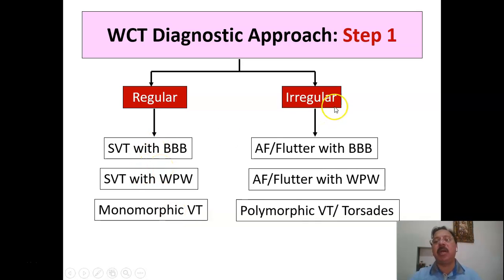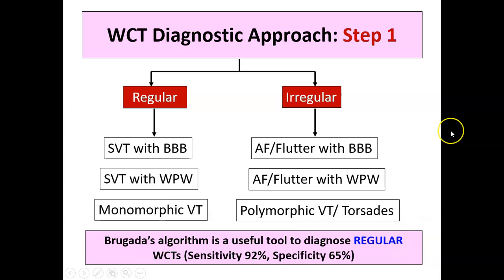But if it's irregular, it's atrial flutter or atrial fibrillation with bundle branch block or WPW syndrome, or it's polymorphic ventricular tachycardia or torsades de pointes. The issue is with the irregular wide complex tachycardias, and this is the most difficult ECG tracing to interpret.